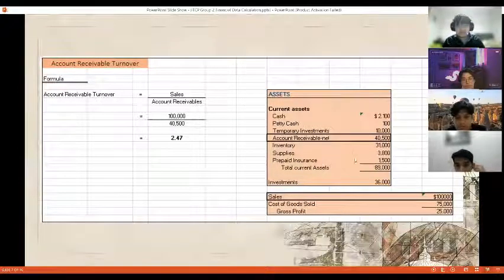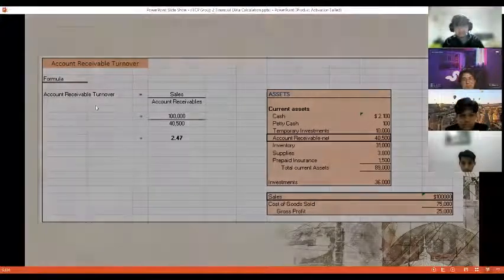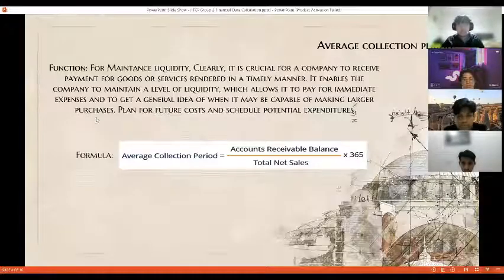In the table, sales is $100,000 and the account receivable is 40,500. So in order to achieve account receivable turnover, we have to divide $100,000 by 40,500, and we get 2.47 as the account receivable turnover. The second formula is average collection period, which will be discussed by Fatan.